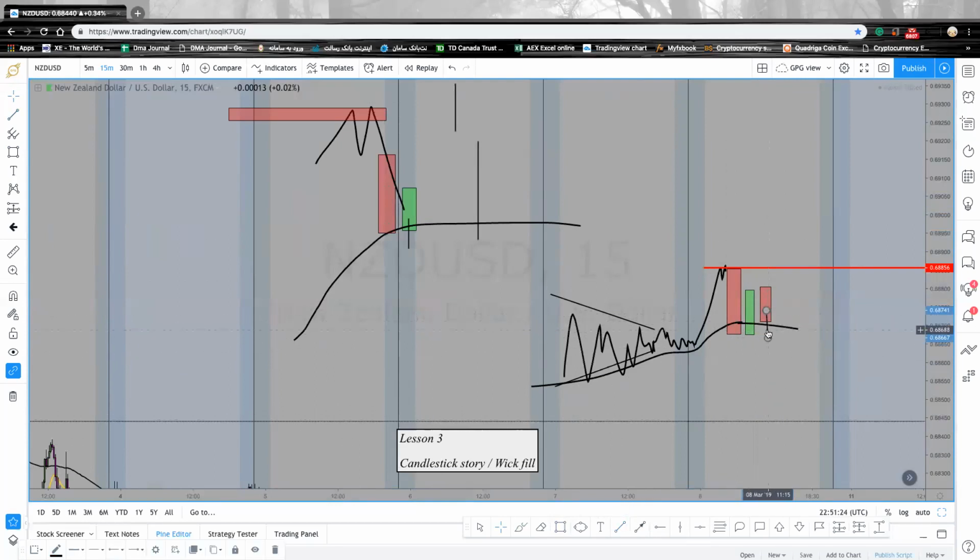So my advice to you in a case like this is, before you get stop hunted by a market maker, get out of the trade. But if this one broke the EMA and closed below this, then you can expect something like this to happen.